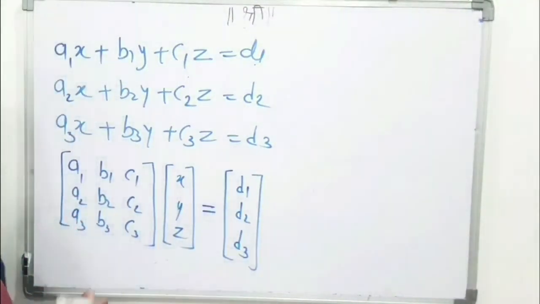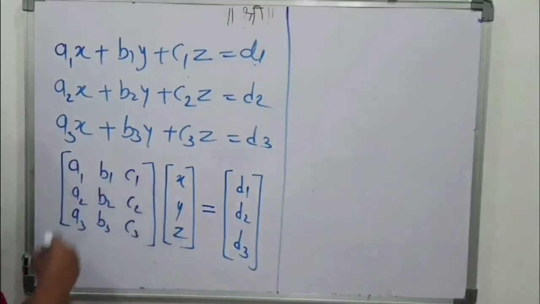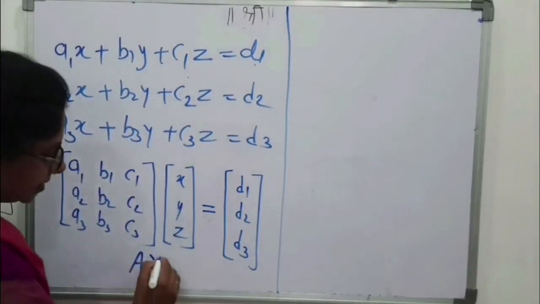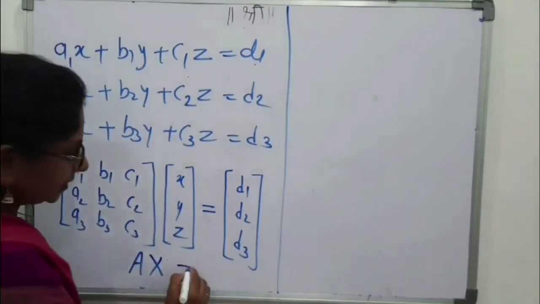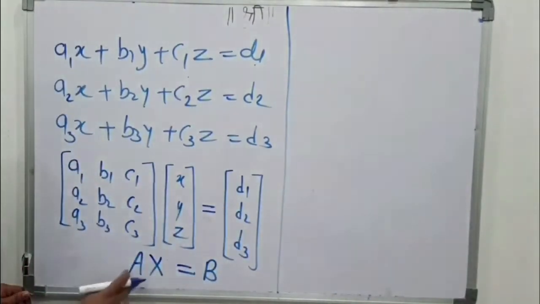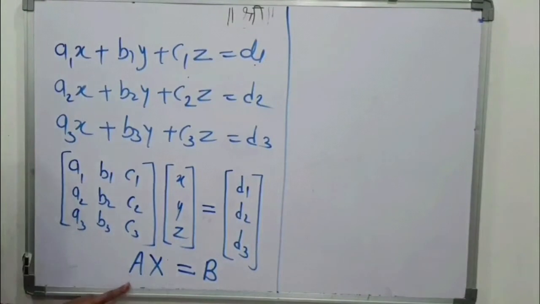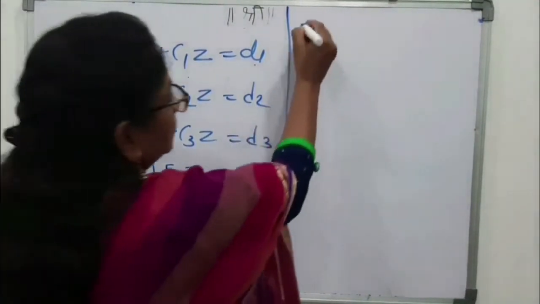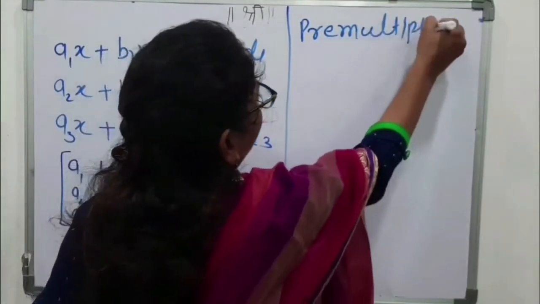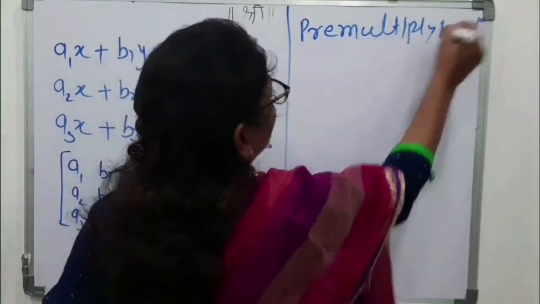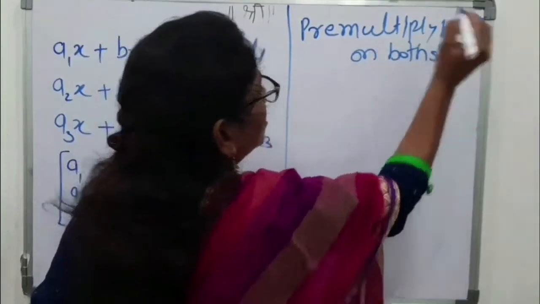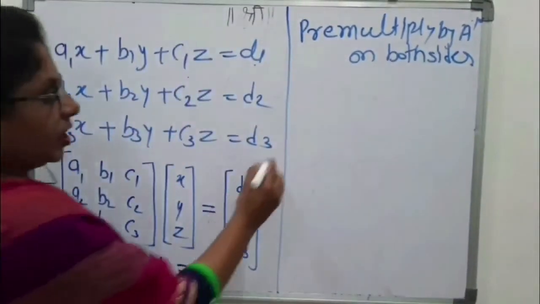Now we will denote this coefficient matrix as A, this variable matrix as capital X, and this constant matrix as capital B. If we pre-multiply by A inverse on both sides, then what happens?